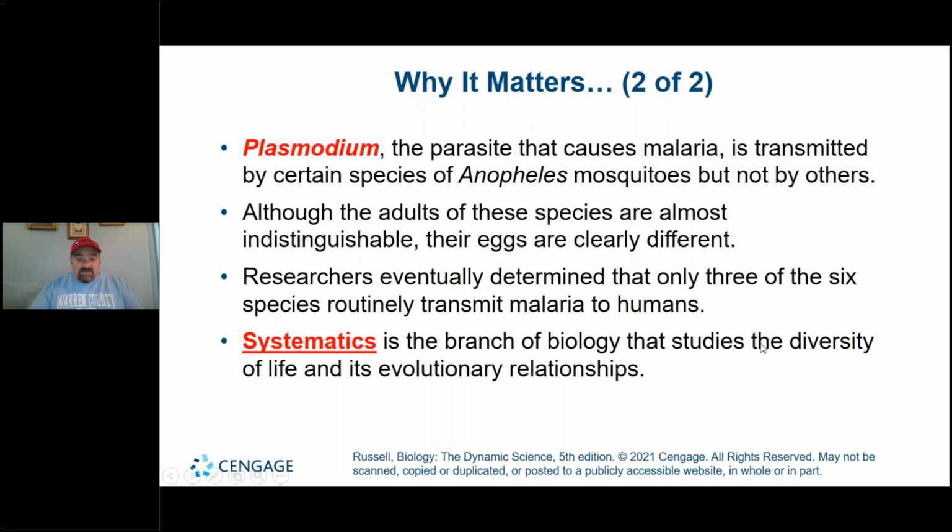Systematics is the branch of biology that studies the diversity of life and its evolutionary relationships. So we'll see here that it's not just a matter of, oh, on paper this looks good. It deals with real world issues like studies of parasites and microorganisms, and the study of DNA and how closely we are related to different types of organisms.